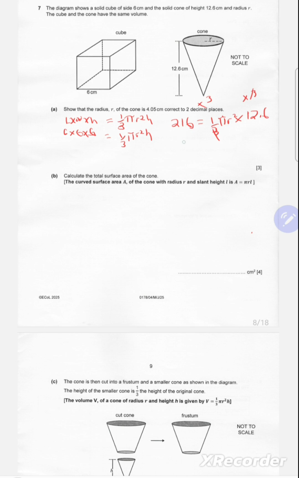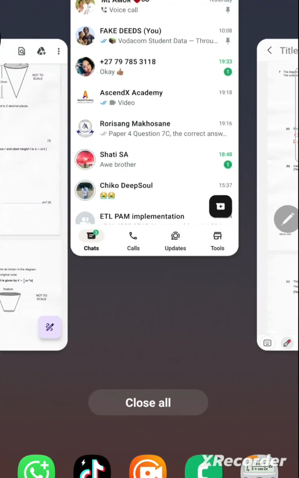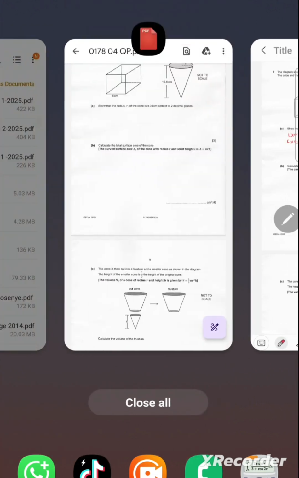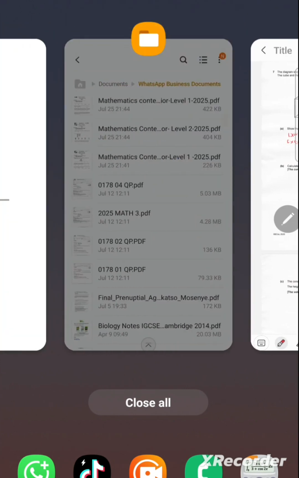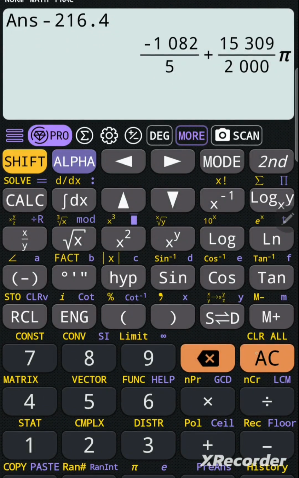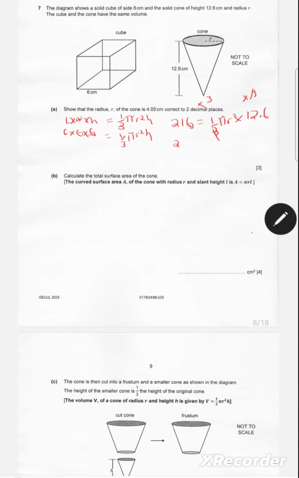We are going to be left with 216 multiplied by 3. Let me just do this on the calculator. 216 multiplied by 3 is 648.